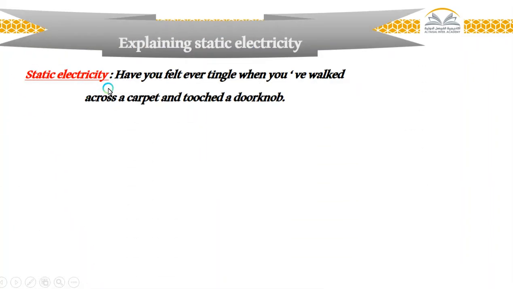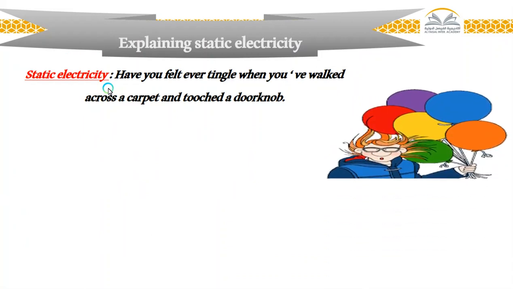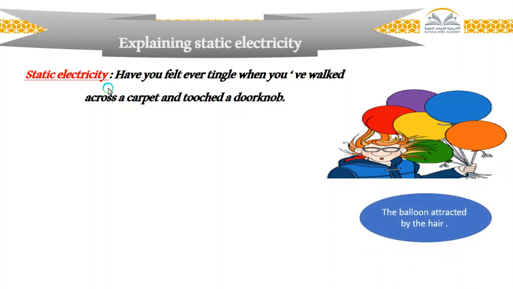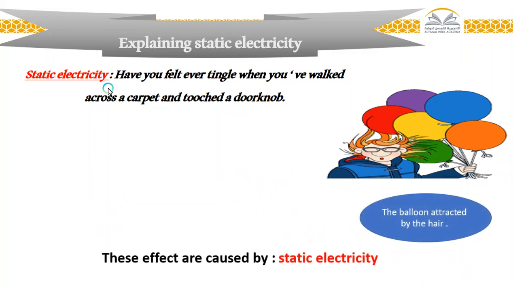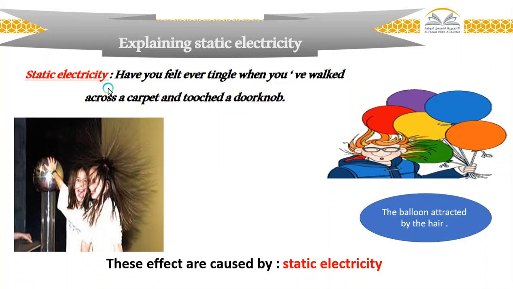How is static electricity formed? For example, we're going to use a balloon like this one. The balloon is rubbing our hair. The hair is going to be charged with static electricity, electrically charged. And then also, we can use a Van de Graaff device like this one, which is already electrically charged. Look at those two girls. This girl is touching the Van de Graaff ball, and the same thing for this girl, also touching the Van de Graaff ball.